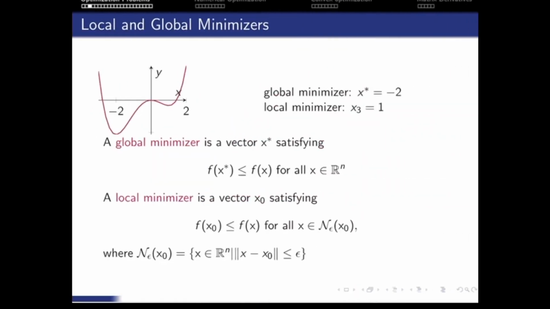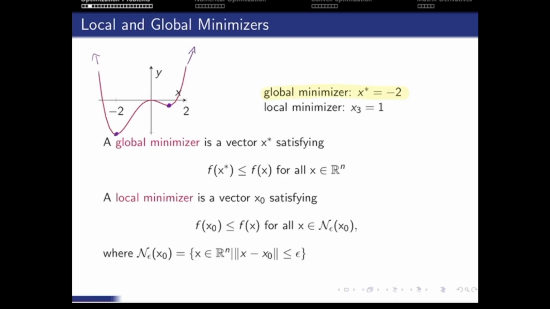Now, what you might remember from school are local and global minima, and how you did this for one-dimensional functions, so if your function maps from the real values to the real values. For example, we have here this exemplary function on the left, and you see that we have two minimizers. The point on the left, x equal to -2, is the global minimizer.